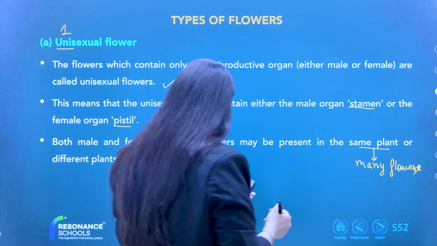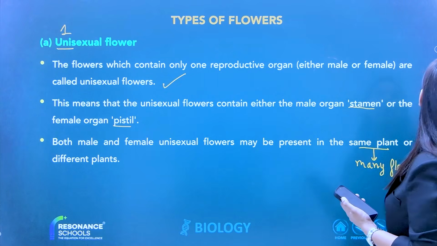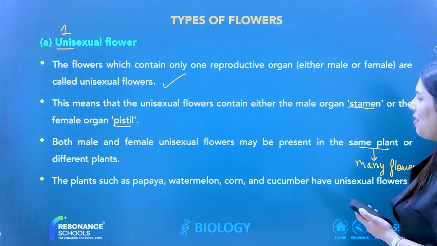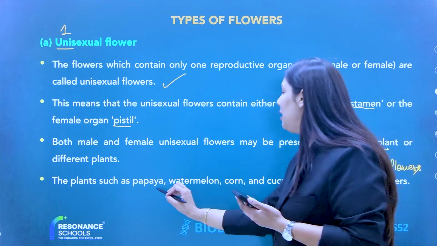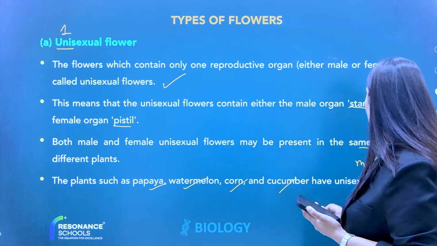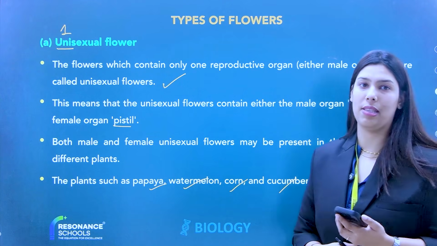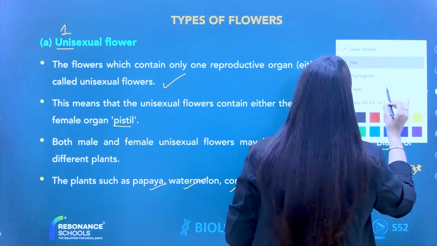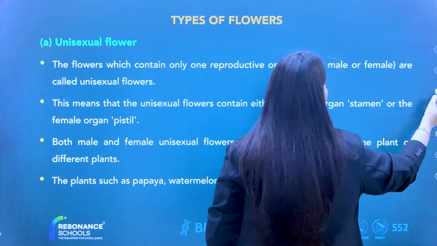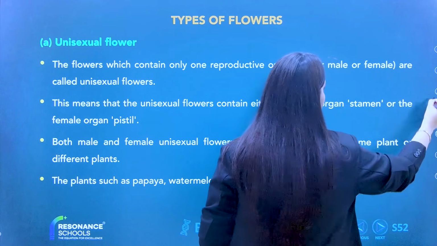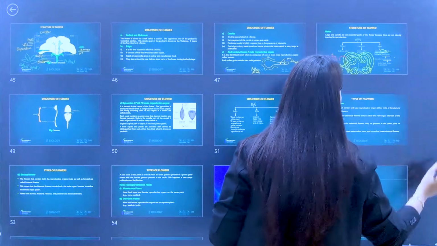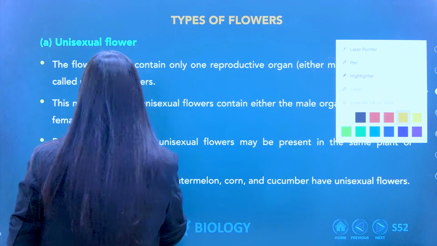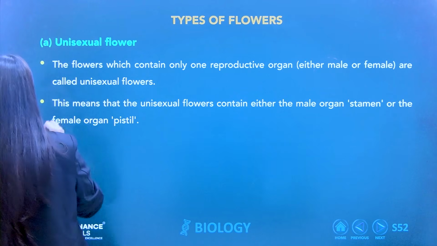Yes, corn, papaya. The plants such as watermelon, papaya, corn, cucumber have unisexual flowers. You all note it down so that we can move further with the next slide.